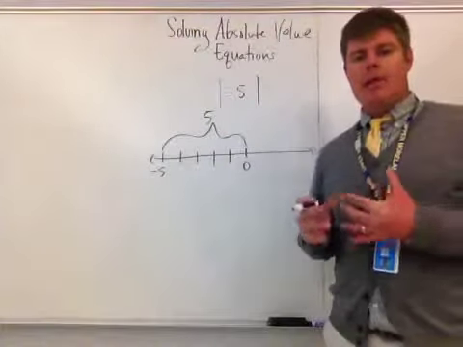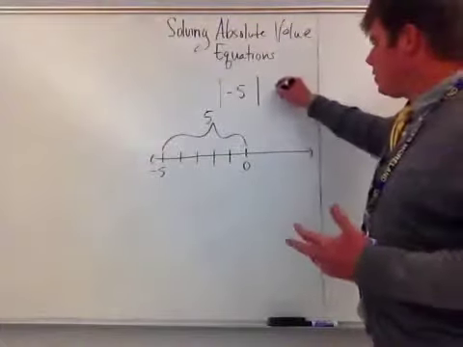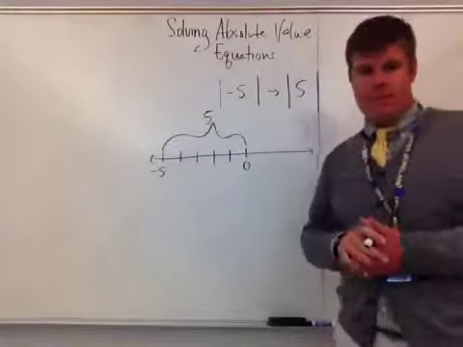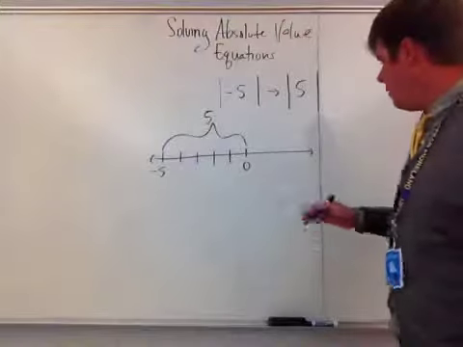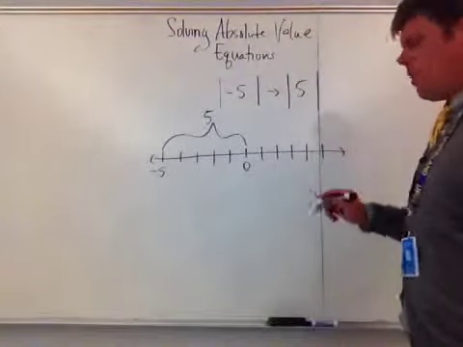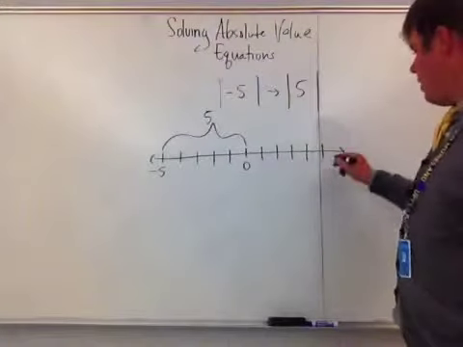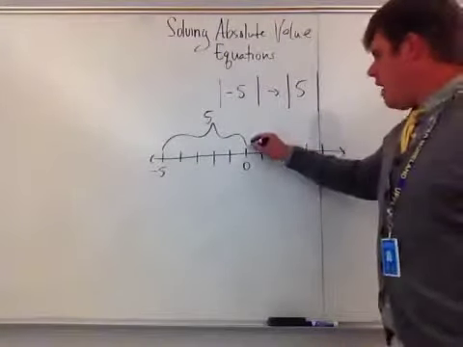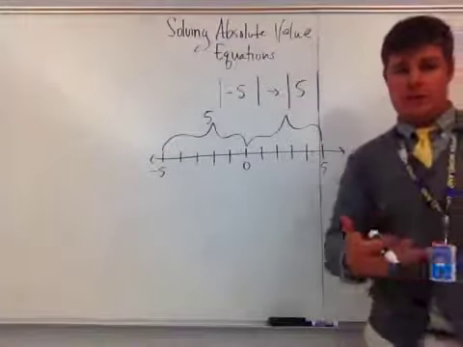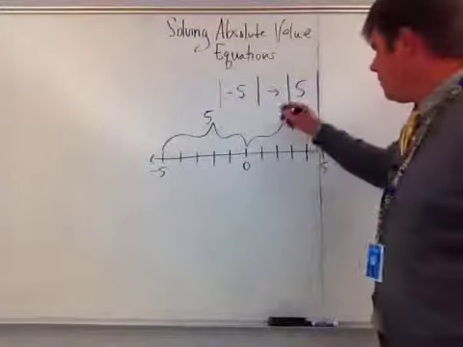Now, let's take a look at what happens if this wasn't the absolute value of -5, but what if I had the absolute value of 5? The absolute value of 5, going off to the right here, I have that this is 5. Well, that distance is going to be equidistant to, which means the same distance as, -5.